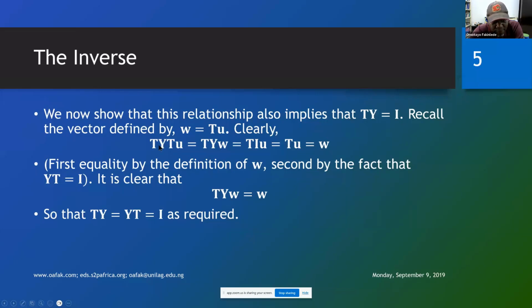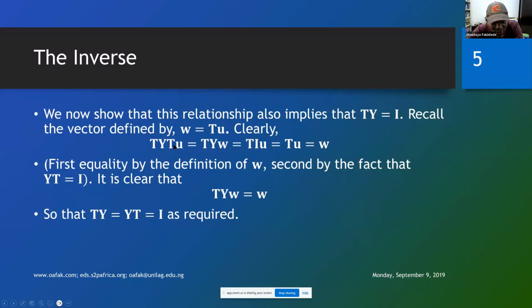So if YT is an identity, instead of operating T on U, we can operate I on U first before we operate T, because I, which is YT, will not change anything. So TYT operating on U does not change anything.